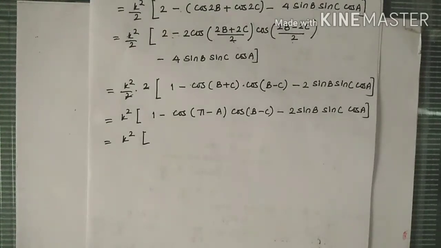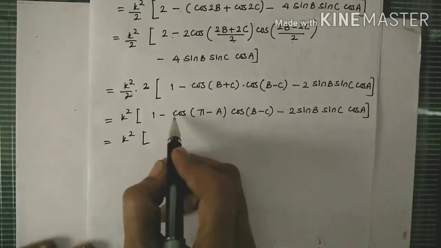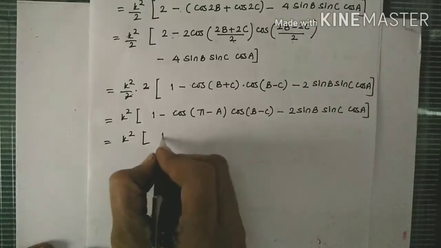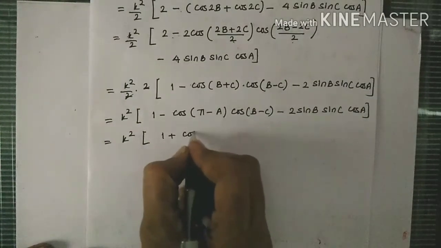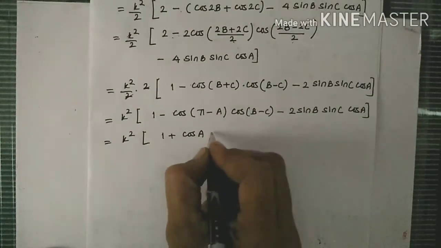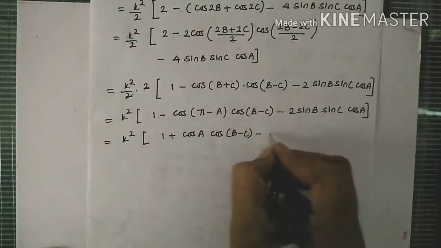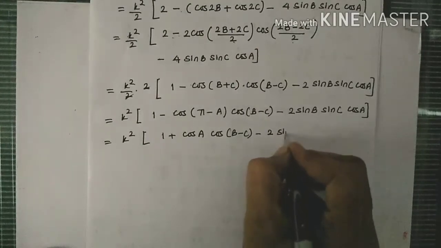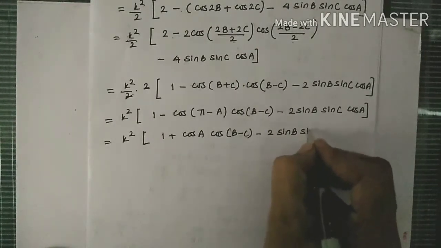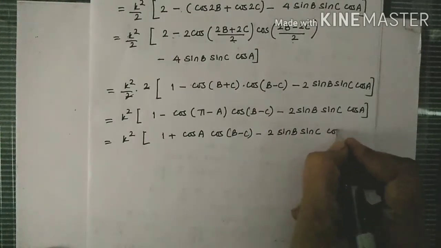As it is pi, the ratio does not change, but the quadrant is the second quadrant. In the second quadrant, sine is positive, so cos is negative. So this will be minus cos A, so minus minus becomes plus cos A. So 1 plus cos A cos of (B minus C) minus 2 sin B sin C cos of A.